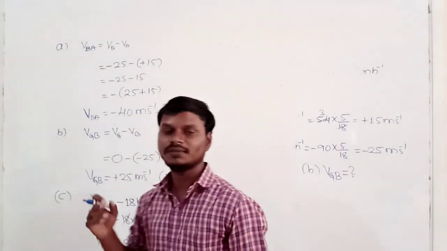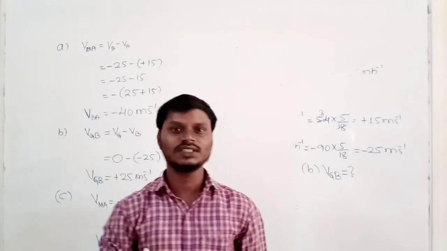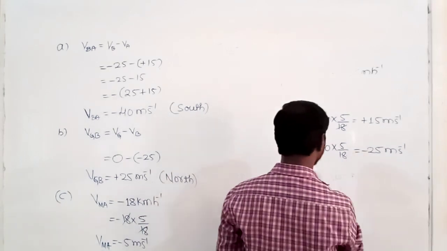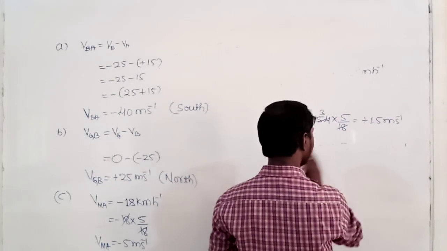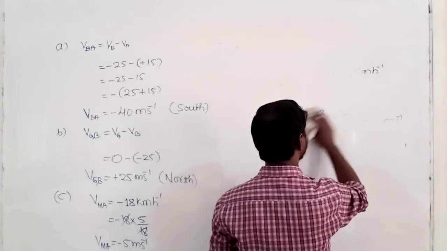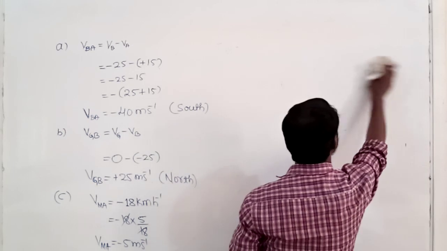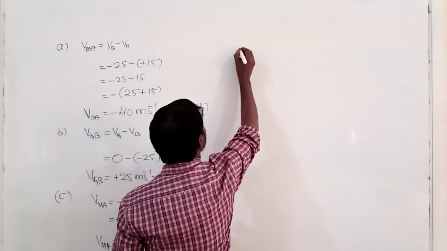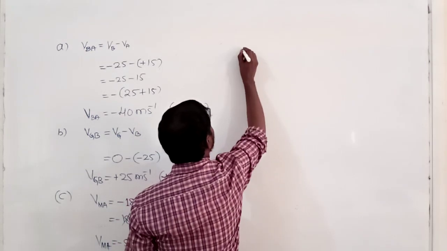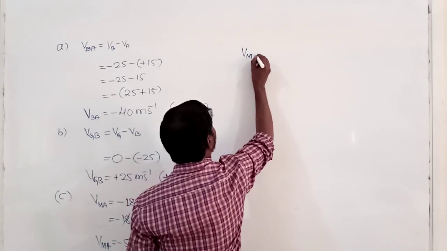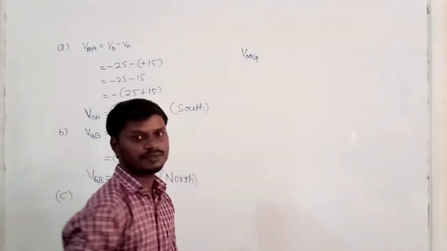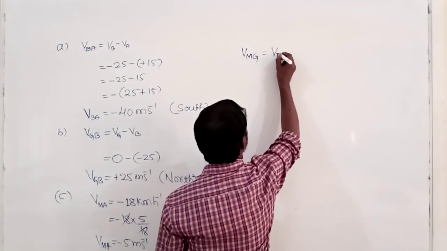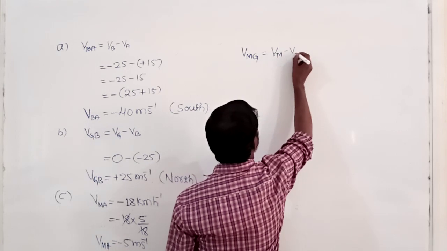Then VMG can be written as VM minus VG, because we are going to find the velocity of the monkey with respect to the man standing on the ground. So VMG can be written as VM minus VG.